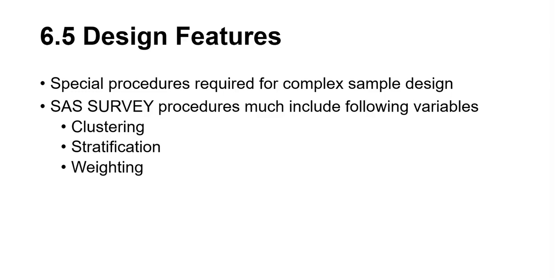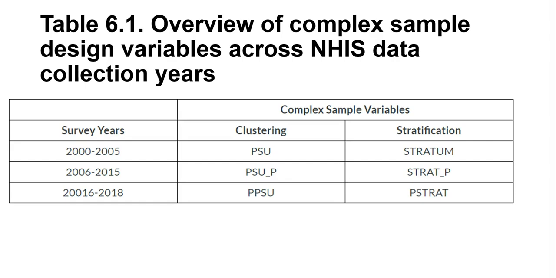Section 6.5, Design Features. So just as a note, it's important to make sure that you use the SAS survey procedures whenever you're using the National Health Interview Survey for your research question. These include the variables on clustering, stratification, and weighting. Table 6.1 includes an overview of the complex sample design variables across several years of the National Health Interview Survey.